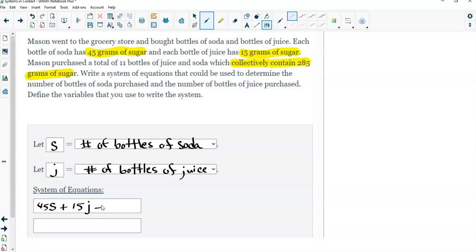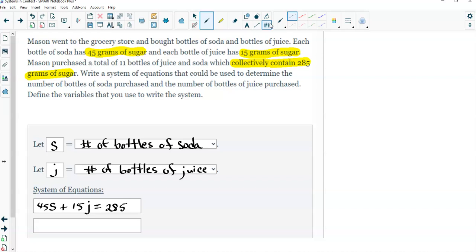And the total for that collectively contain 285. Now notice these are grams of sugar. Grams of sugar per soda, 15 grams of sugar per juice, and together collectively 285 grams of sugar. So the other equation has to do with something else. So Mason purchased a total of 11 bottles.